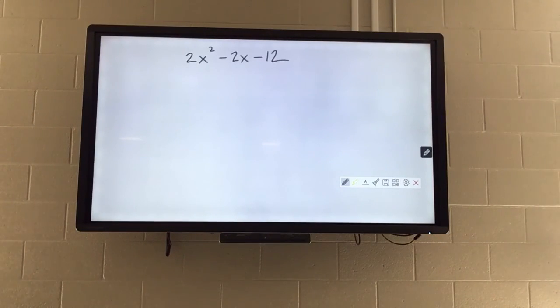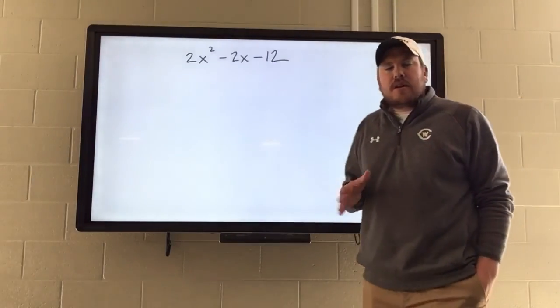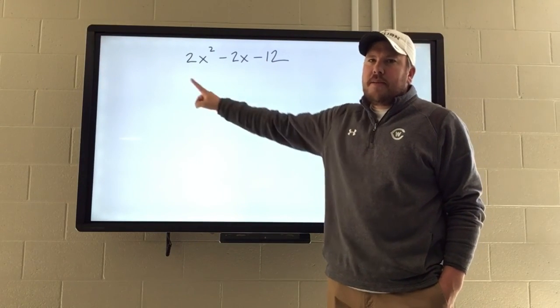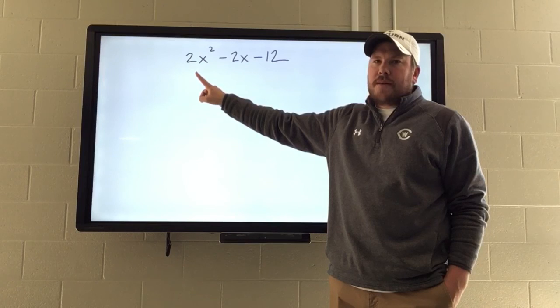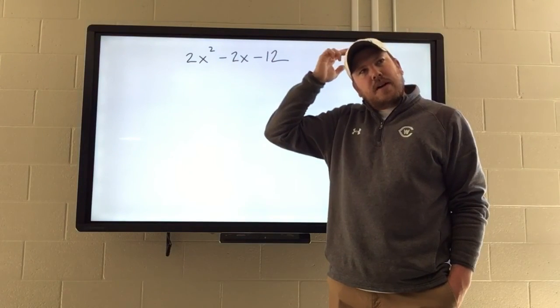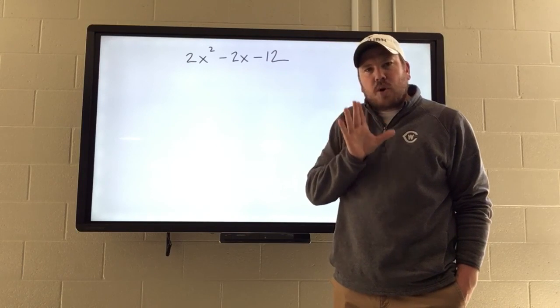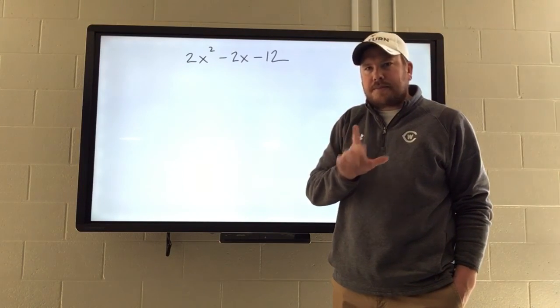All right, 2x squared minus 2x minus 12. So as you can see, I have a number in front of my x squared, so I can't just use the method that we like to do, the factors of the last number that add to the middle number. Can't use it because of that number in front of our x squared. So we're thinking to ourselves, well, we have to use guess and check or box method, but hold on. Before you do that, I want you to always look for this situation.